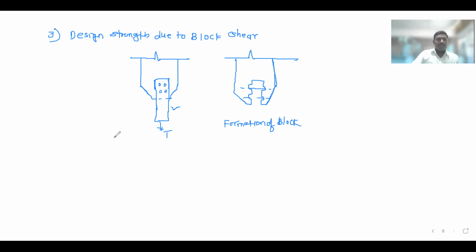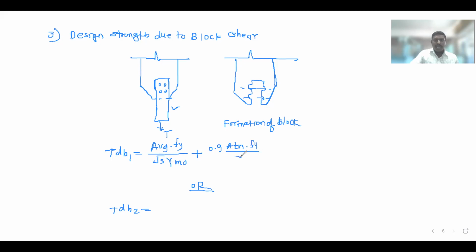Got it? So here the formulas are TDB1 and TDB2. There are two formulas. T is the tension, D is the design, B is the block. The first formula is AVG into Fy divided by root 3 gamma m0, plus 0.9 into ATN into Fu divided by gamma m1.